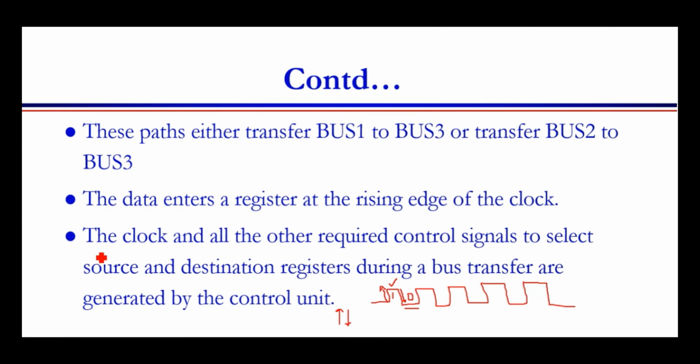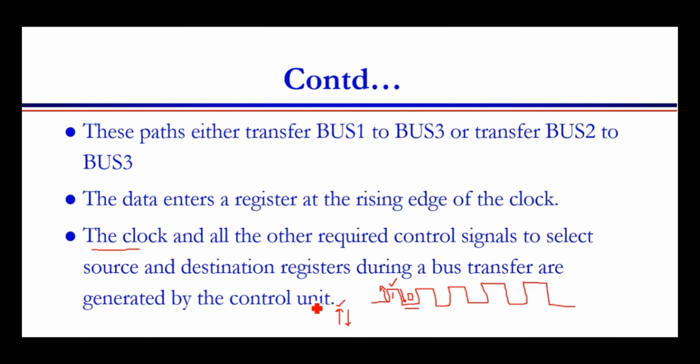So what we are saying in this sentence is that the clock and all the other required control signals, which will be used to select source and destination registers during a bus transfer, are generated by the control unit, and each control signal will be generated at the rising edge of the clock.